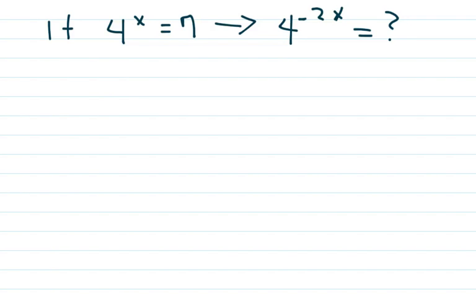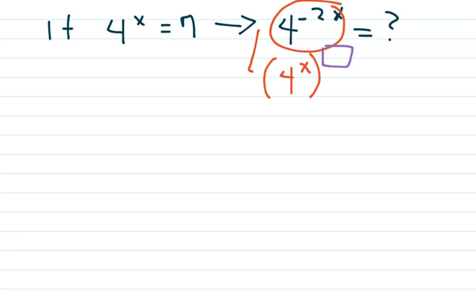So the main thing I want to do is I want to change this part in here to something with the 4 to the x. So if I write this as 4 to the x and I want these two to be equivalent, what would I put here to make these two equal each other? And that would be negative 2.